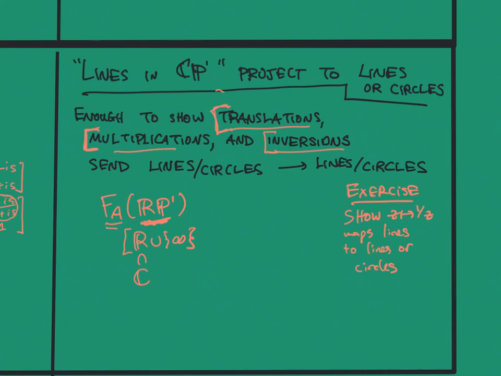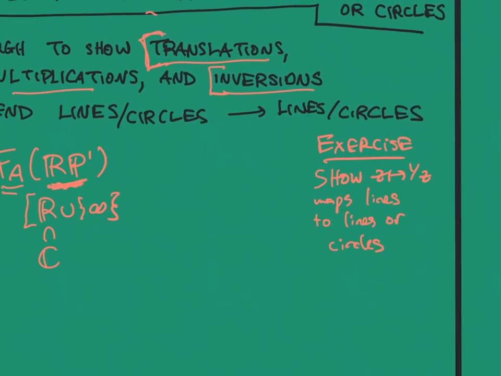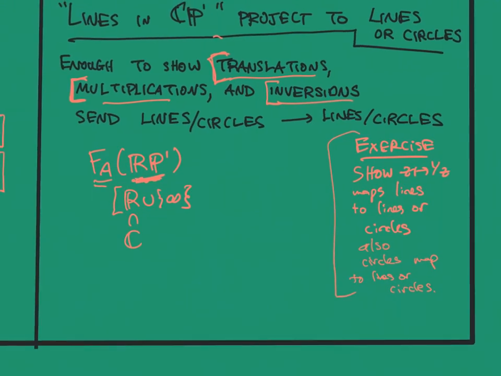The only thing really to check is that inversion sends circles to either lines or circles. So that's also part of the exercise. So circles map to lines or circles. So this here is the technical heart of everything. It's kind of a technical exercise. It's not terribly difficult, but it's not that exciting to watch, so that's why it's left as an exercise.